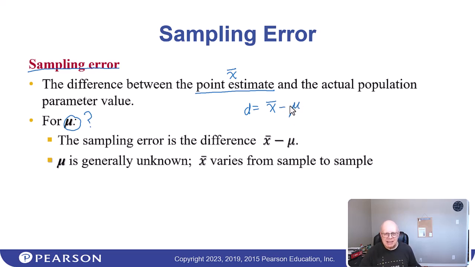The catch is we don't know what mu is. So even though we know there's a sampling error, we don't know how much it is. And on top of that, as you go from one sample to another, you're going to get different means. They probably will be close to mu, but they are likely to be different.